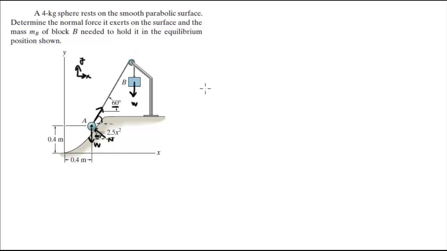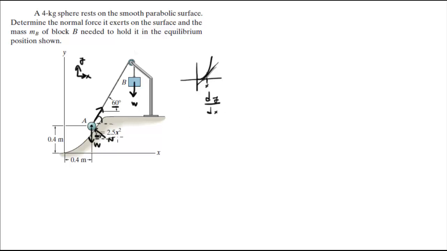Well, very simple. When you have an equation, in this case a parabolic equation, and you want to find the slope at any given point, all you got to do is find the derivative of the equation at the point in which you're trying to find the slope.